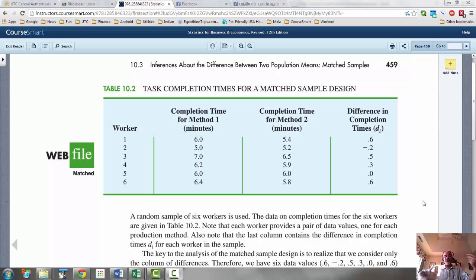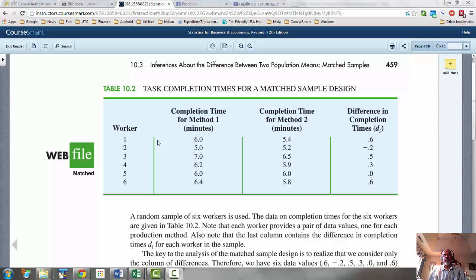Remember, we are talking about inference about the population means of two different populations, and if the samples taken from the two populations contribute to the difference, then the differences in the samples may conflate or conceal the actual difference attributable to the differences in the populations. So when that is the case, we take the same sample subjects and measure them once for the first population characteristics and once for the second population characteristics and take the difference.